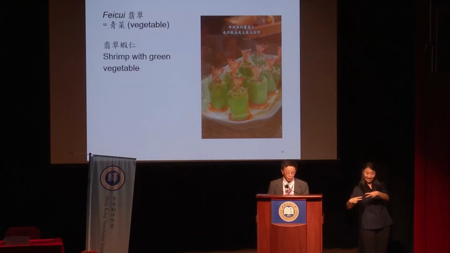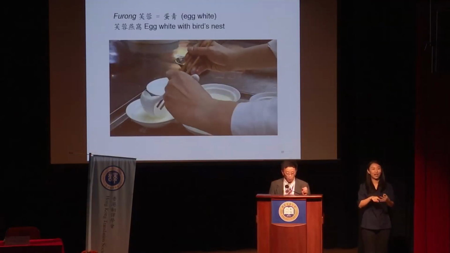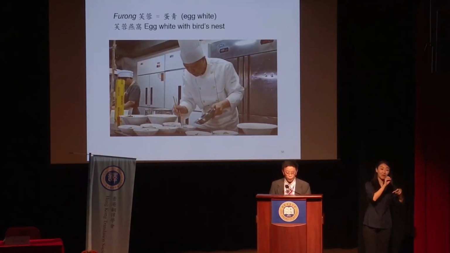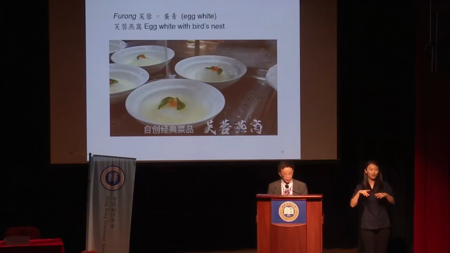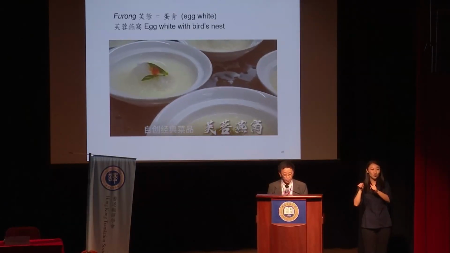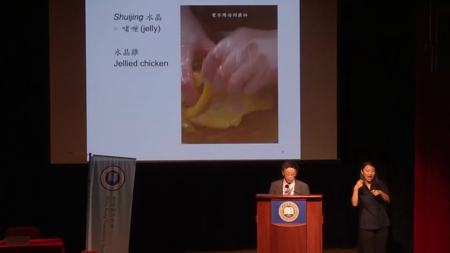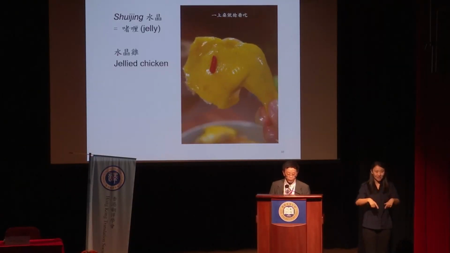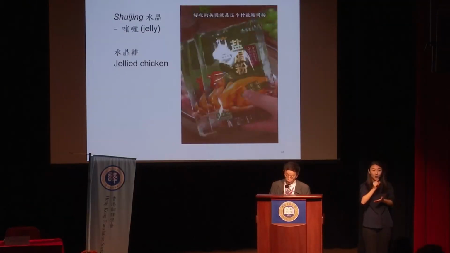And then we also refer to egg white as 芙蓉. So when we have this 芙蓉燕窝, this is actually egg white with bird's nest. Okay, and when it comes to jelly, we also refer to it as 水晶 as an alternative term.